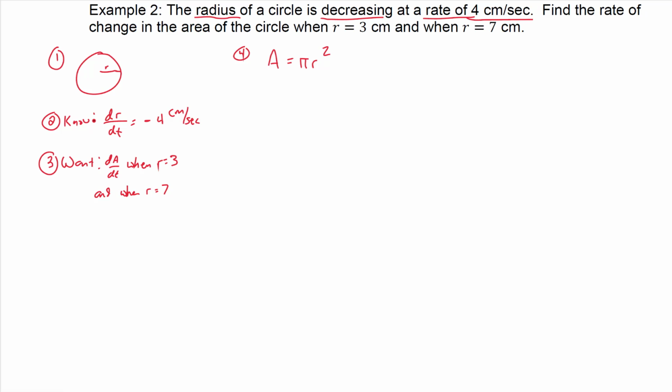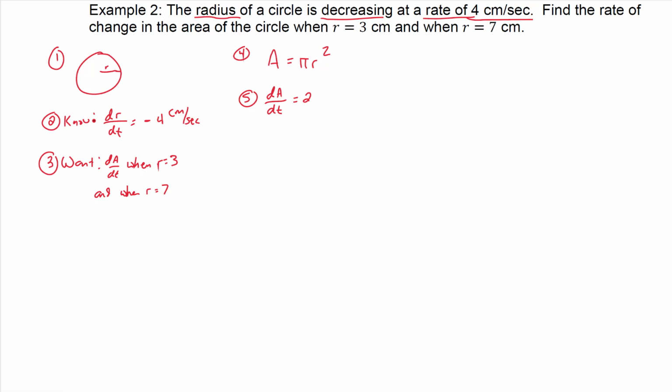All right, step 5 now. We have our equation. Now we need to implicitly differentiate both sides of this equation with respect to time. The derivative of area with respect to time is dA/dt. The derivative of pi r squared, and remember, pi is not a variable, it's a constant, so this is a constant times the radius, which is a function of time, squared.